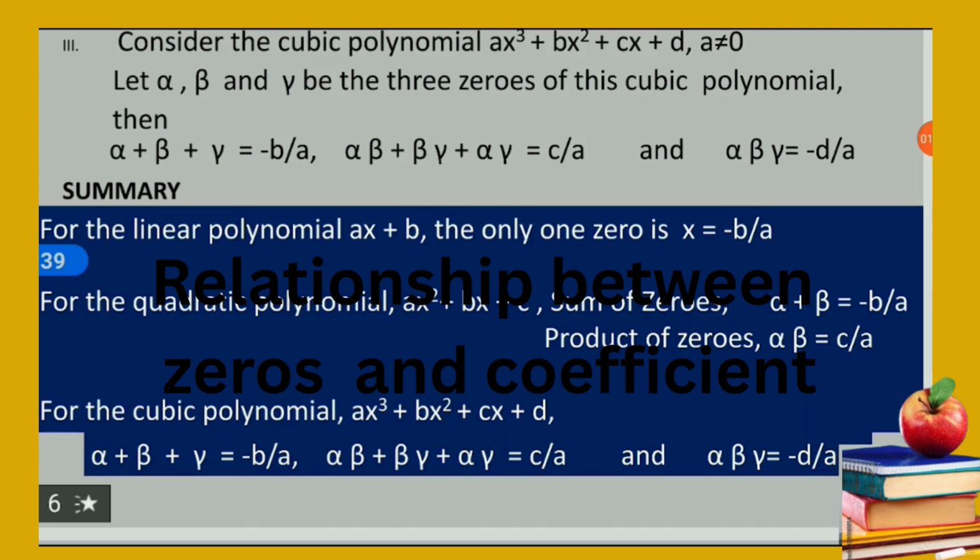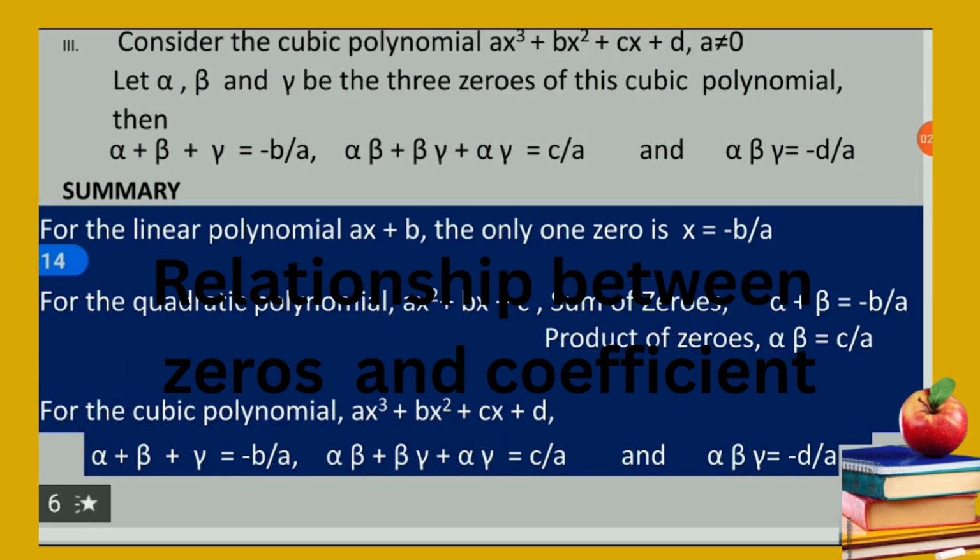That is, the sum of the 3 zeros of a cubic polynomial is −b/a, that means the negative of the coefficient of x² divided by the coefficient of x³. Then alpha beta + beta gamma + alpha gamma = c/a, that is the coefficient of x divided by the coefficient of x³. And alpha beta gamma, the product of the 3 roots, equals −d/a, the constant term divided by the coefficient of x³.